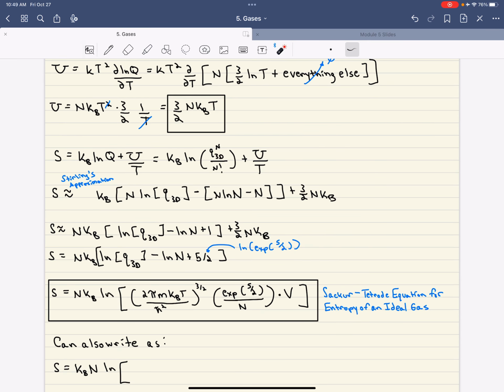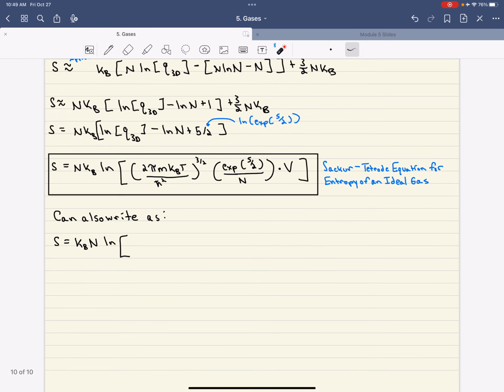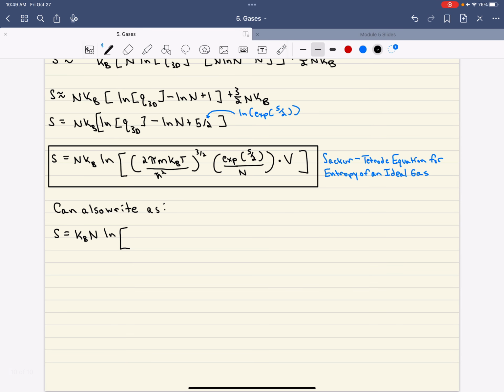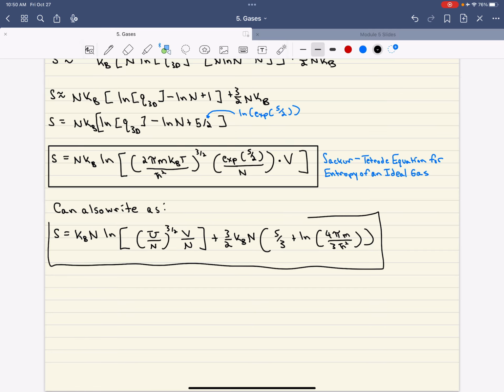Anytime we end up with a 3/2 n kB T, we'll plug in U. When we do that, we end up with the following: U divided by n raised to 3/2, V over n, close, plus 3/2 kB n, and 5/3 plus ln 4 pi m to the 3/2 there. So this is just an alternative form of the Sackur-Tetrode equation.